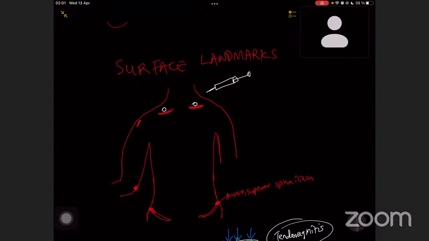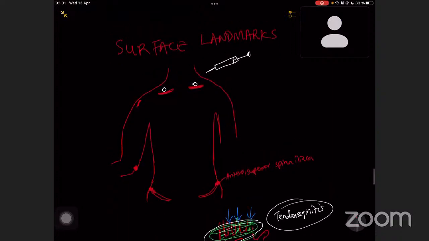It allows us to explore deeper lying organs like the kidney, aorta, for example, when the patient has aortic aneurysm, when the patient has valvular heart diseases, and we want to find out which valve is affected. So we can use surface landmarks.